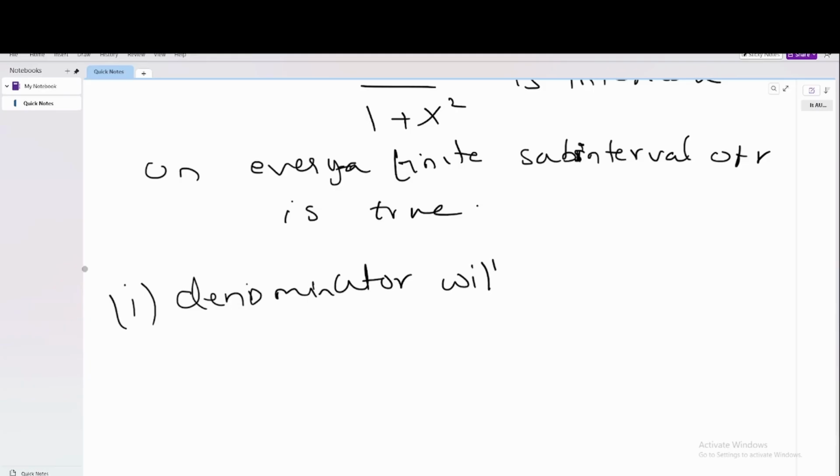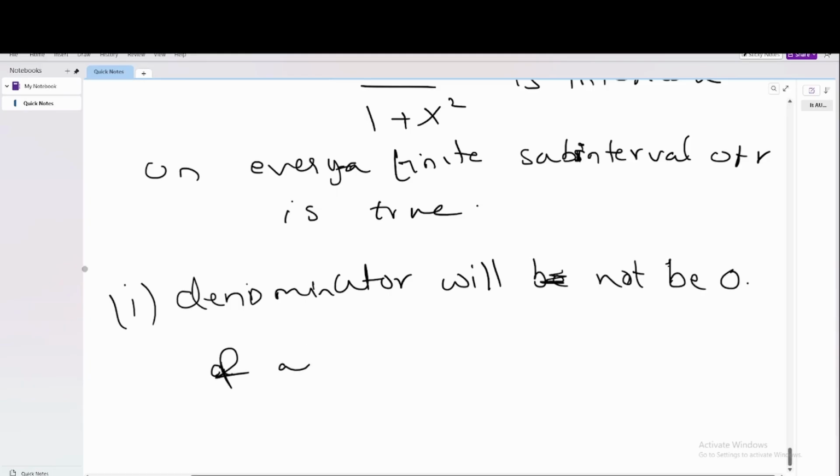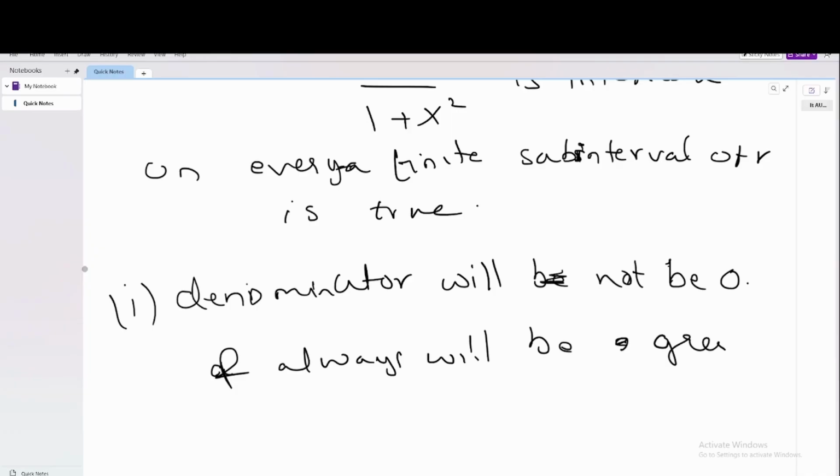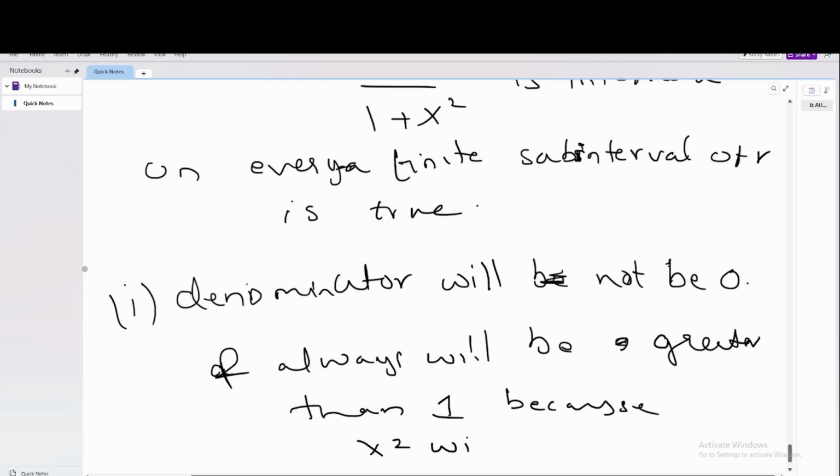The denominator will always be greater than or equal to 1, because x square will always be positive.